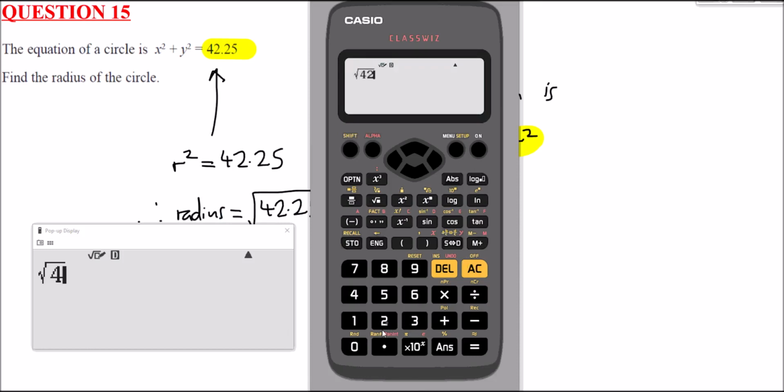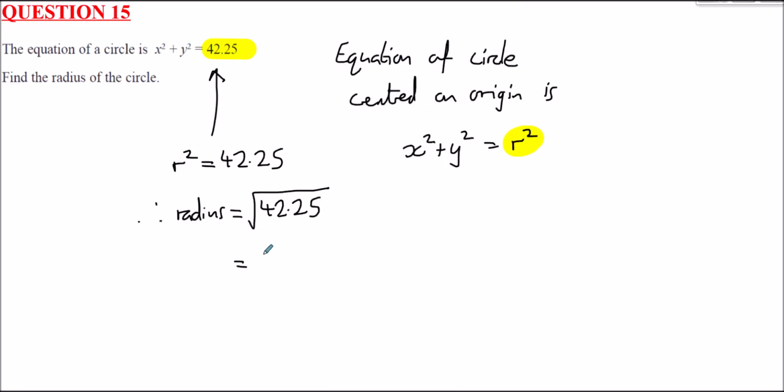Square root 42.25, press equals 13 over 2, or 6.5 if you want to. So the radius of this circle is 6.5 units. That's all there is to that. It's a little memory test really, nothing else. Just can you remember the standard form of the equation of a circle with a centre at the origin? That's all it is for question 15.